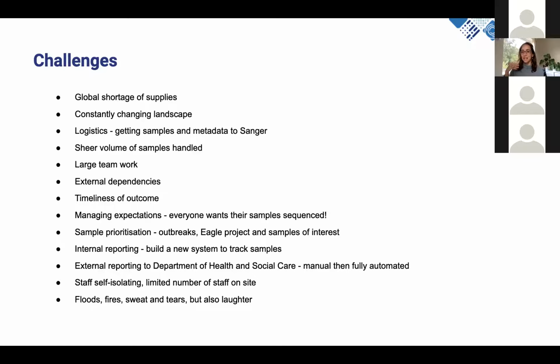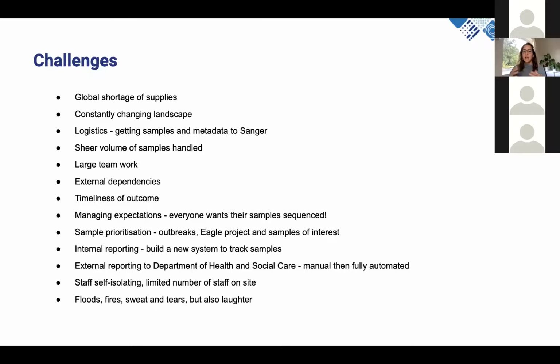So regardless of the absolute number, you're always going to be asked to do more, to receive more. And that is a challenge because you need to manage expectations. This is a very large teamwork, and that comes with its own challenges as well, because you have to manage people's expectations, you have to manage the whole line.